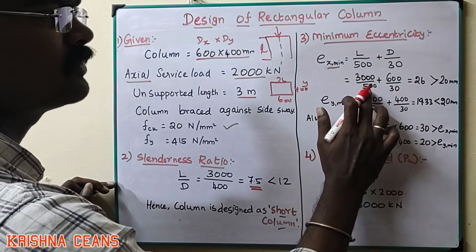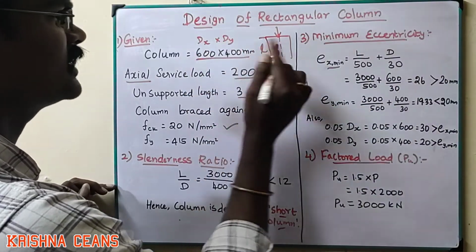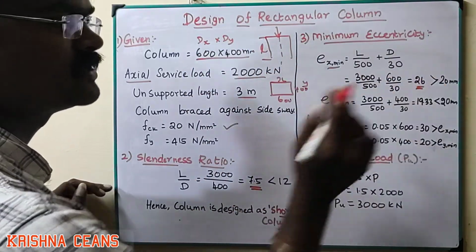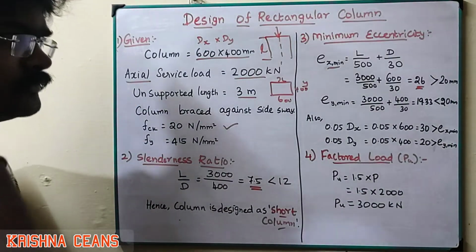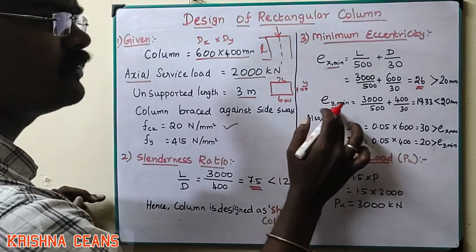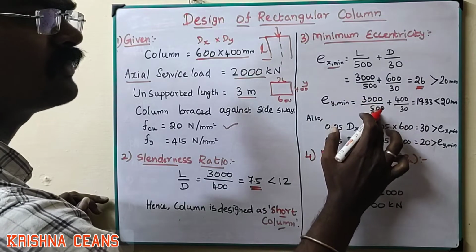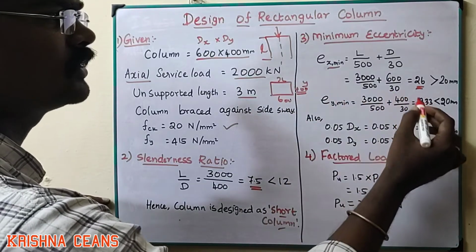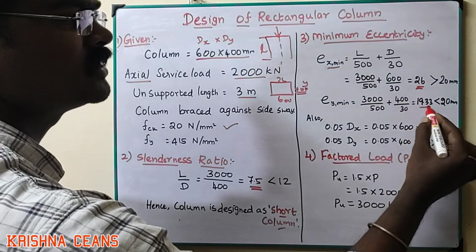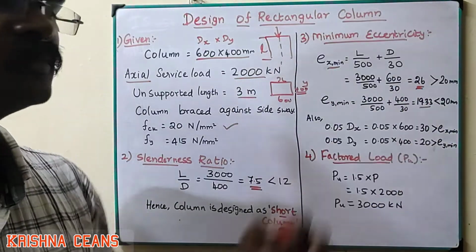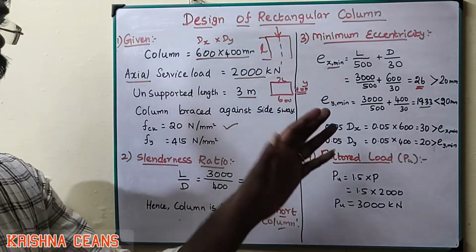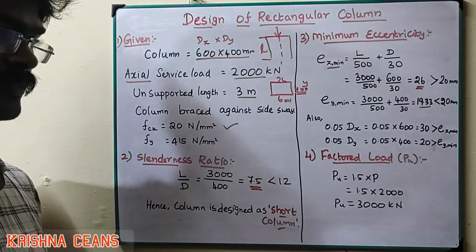So 3000 divided by 500 plus 600 divided by 30, which is 26, greater than 20. Along the y-axis, ey minimum is 3000 divided by 500 plus 400 divided by 30, which is 19.33, almost equal to 20 mm. So both axes are almost greater than 20 mm.